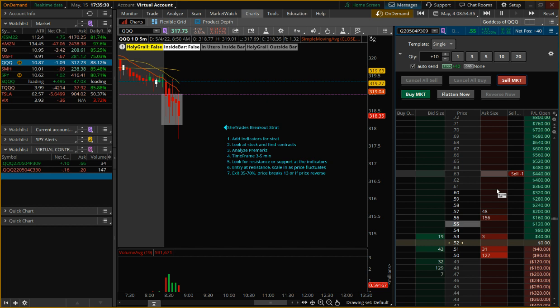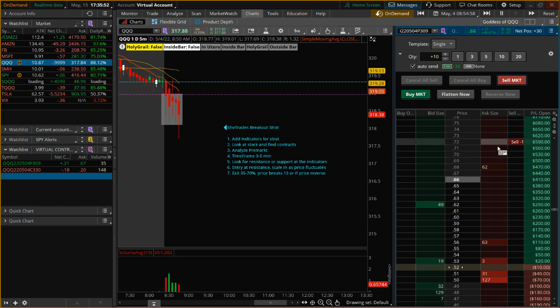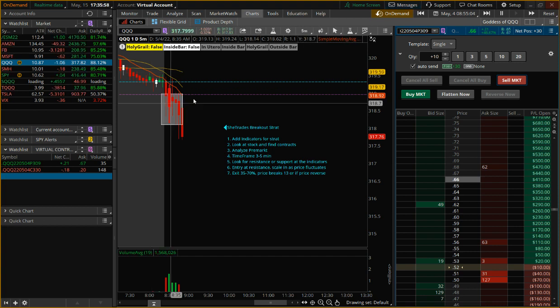And let me sell 10 at market because for some reason they weren't filling fast enough. So we're up $535. So 10 of them are sold. Let's do another 10 at, let's see if we can get 70 here. Okay, there's a big red candle. We're finally out of the box now.